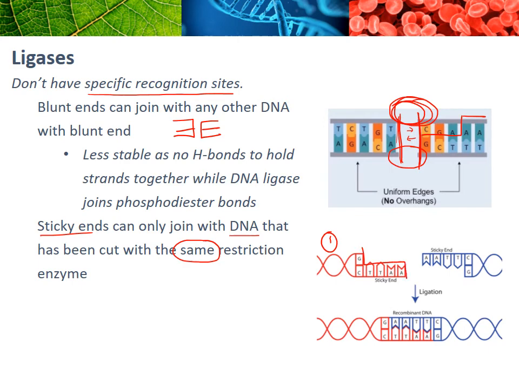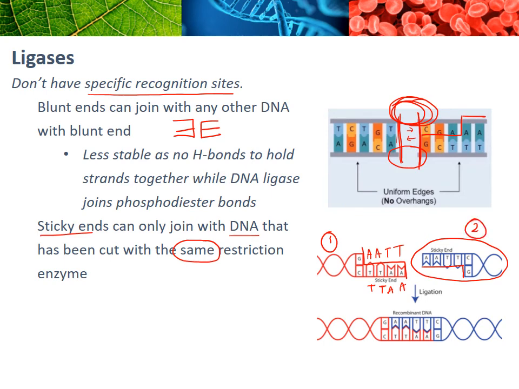The exposed bases we have here are A, T, and T. And you know with DNA that they will only join with their complement. So T will only bind with A, and A will only bind with T. Because this bit of DNA was cut with the same restriction enzyme and has the same nucleotides free, they will bind together.